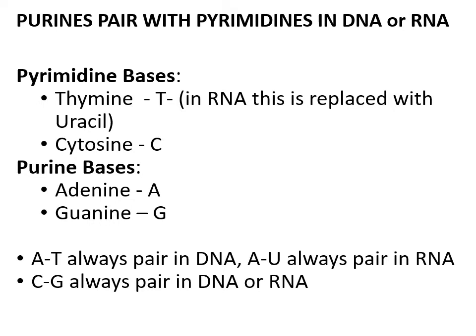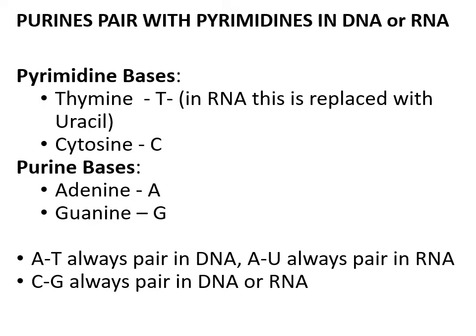And nucleic acid refers to the nucleic acid portion of it, which could be adenine, could be guanine, could be thymine. RNA is ribonucleic acid, because what's the sugar? It's a ribose sugar.